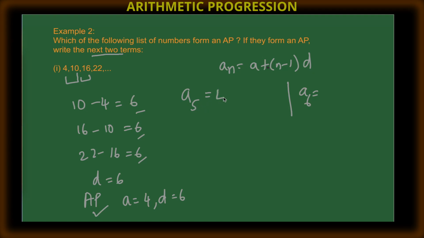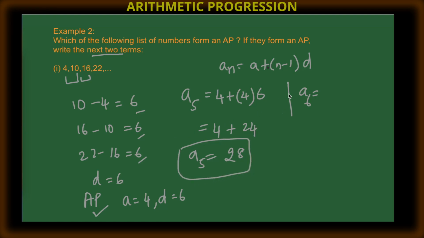A is 4 plus N. N is 5. 5 minus 1 is 4 into D. D is 6. Okay, 4 plus 4 6s are 24. 24 plus 4 is 28. So the fifth term is 28.